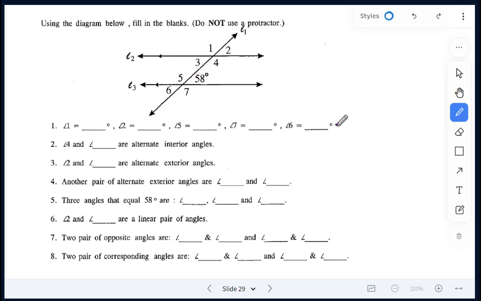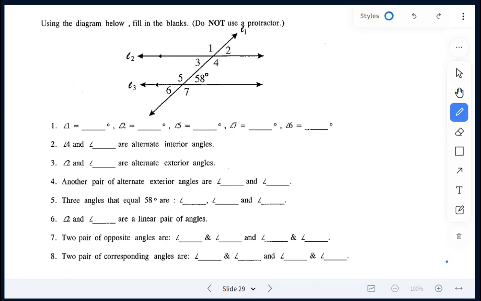We need to figure out all the other angles, so angle 1, 2, 5, 7, 6, but we'll just figure out all the angles. Then we have to be able to know which ones are alternate interior, which ones are alternate exterior, giving another pair of alternate exterior angles, and so on. Okay, so let's get this done.